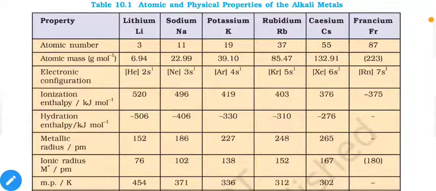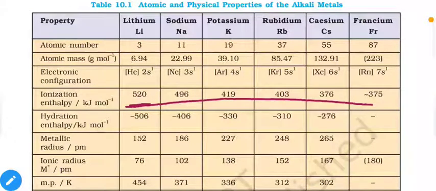So first is atomic number, we already discussed it. Second one will be atomic mass. Then electronic configuration, we know the basic electronic configuration of these metals. Then we have ionization enthalpies, that means the energy to produce an ion from these given metals. As we can see, the initial metals, because of smaller size, have larger ionization enthalpies. And as we move from top to bottom, these energy values are decreasing.